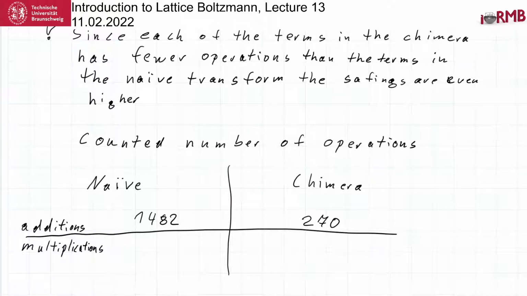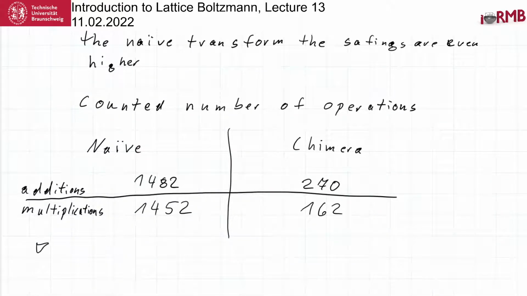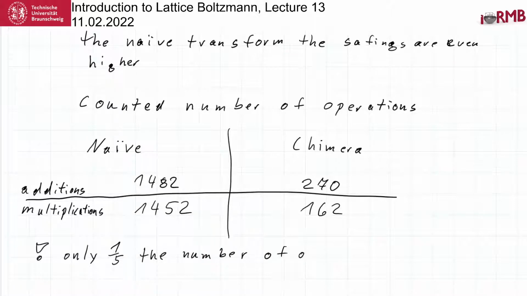Multiplication is similar. We have 1,452 in the naive operation, and here we have only 162, which means we have only 1/5 the number of operations.